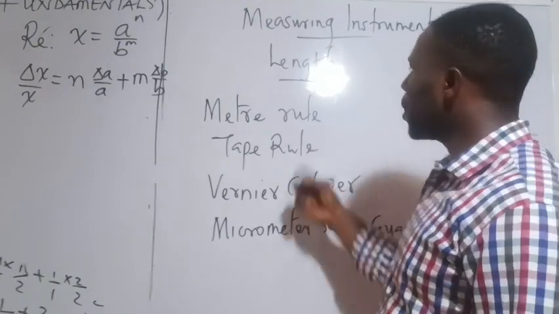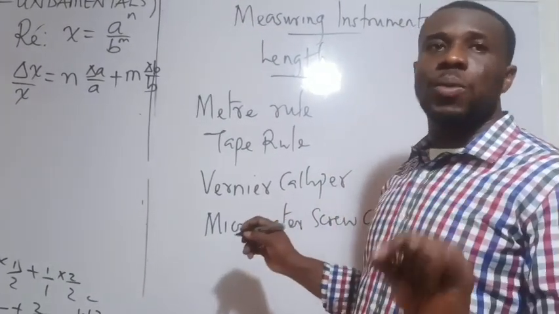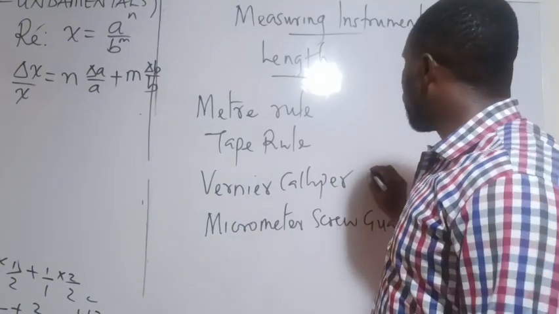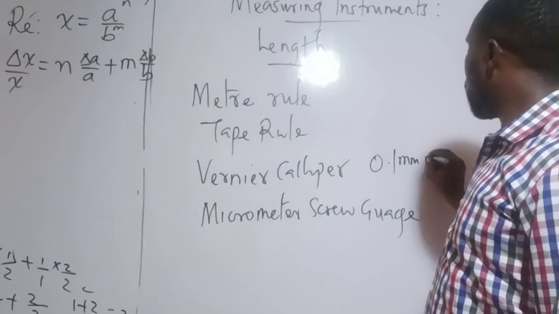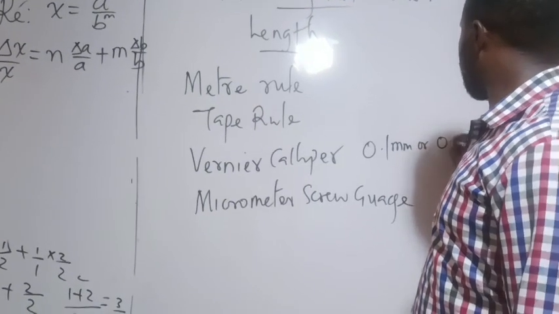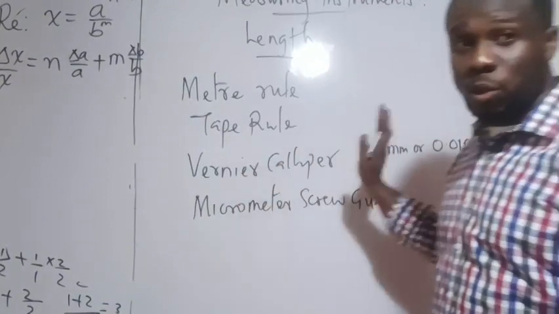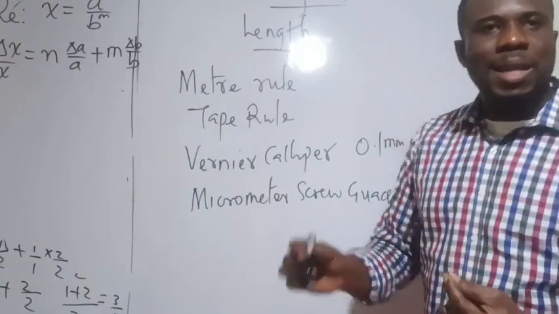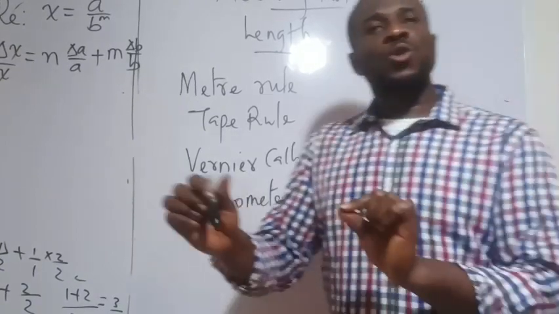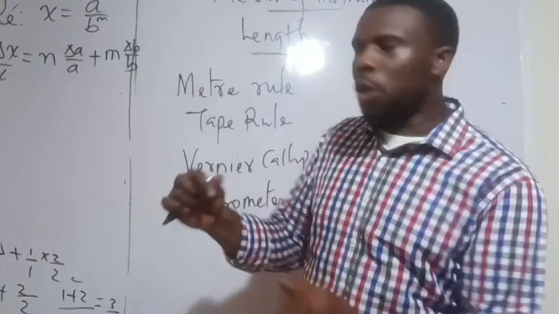Now, the vernier caliper is used in measuring to an accuracy of a tenth of a millimeter or 100th of a centimeter. It measures both the inner and the outer diameters of round objects, and it also measures the depth of objects with a hollow.